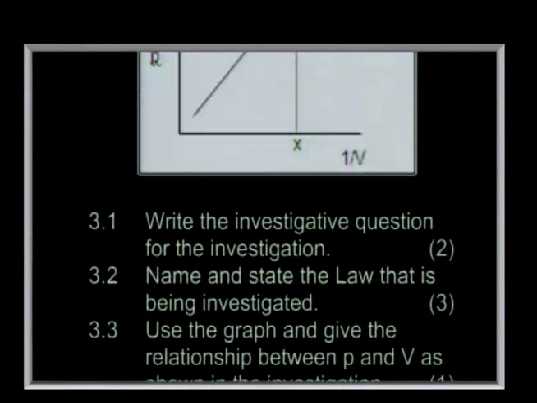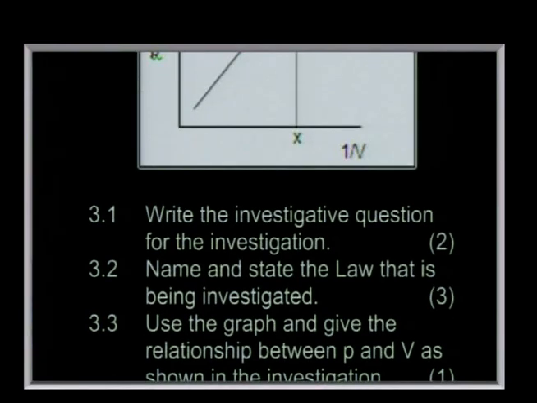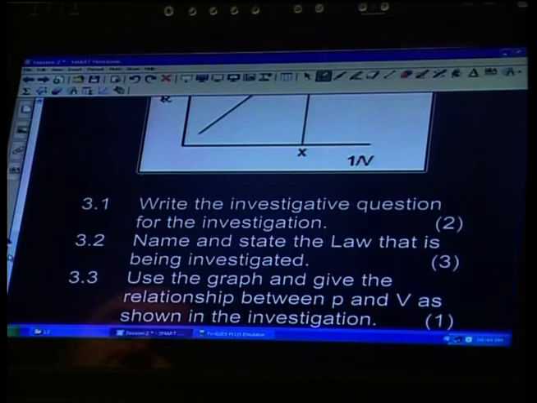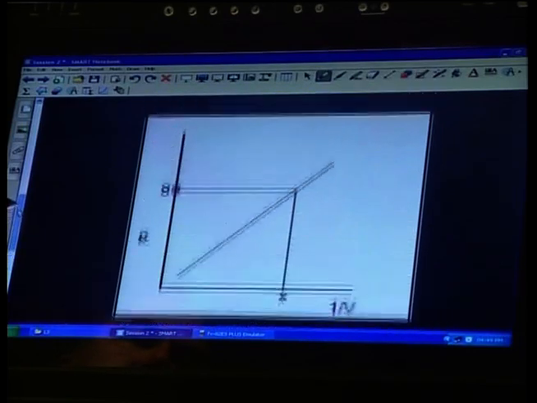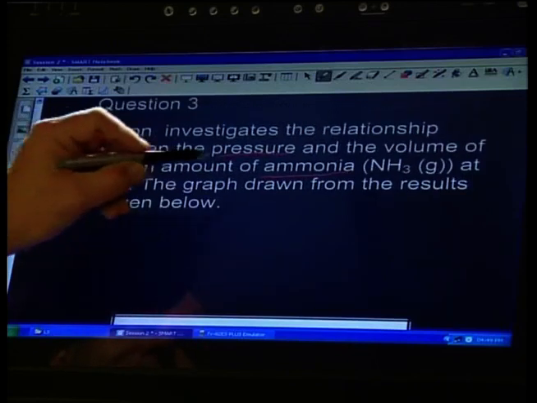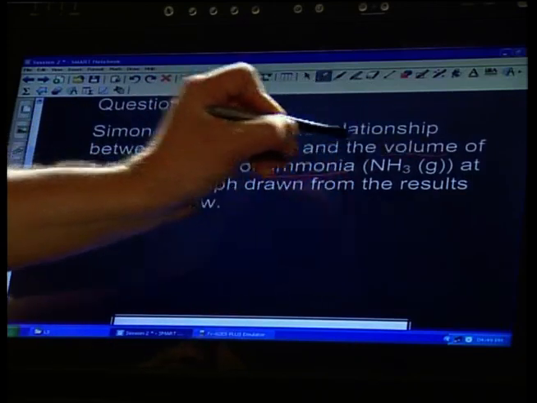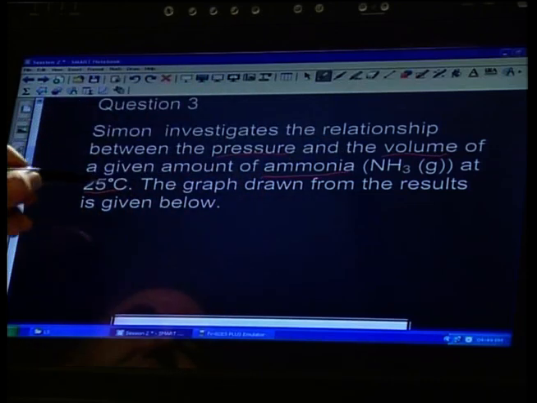Well, if you didn't know what the investigative question was, by reading the next lot of questions, I hope you've been able to somehow get some idea of what we're investigating. It seems to me that what we're trying to do is work out what the relationship between pressure and volume for ammonia is.